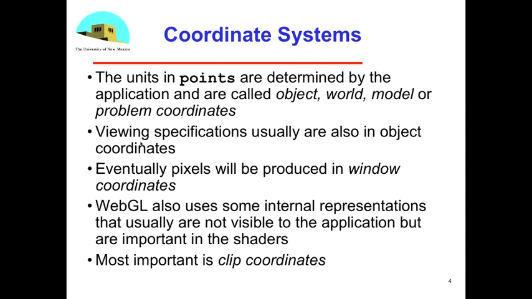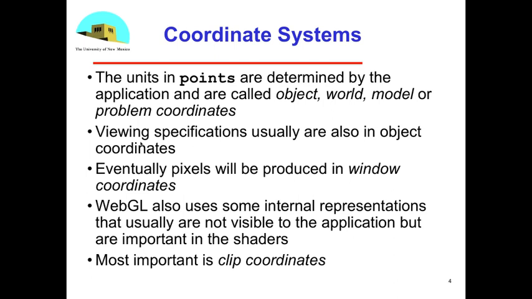Things may be blocked by other things, but everything outside of it we know won't be visible and won't be displayed. That's why it's called clip coordinates, because everything outside of that box will be clipped out. So the basic job of the vertex shader is to convert everything into clip coordinates. It may be doing other things, but whatever units we were using within our object or world has to be converted into clip coordinates.